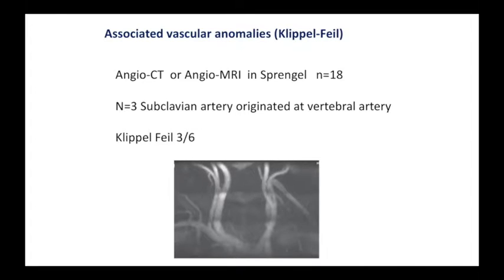So in 6 Klippel-Feil children with Sprengel deformity, 3 had this vascular anomaly. So it means that when you have this combination of malformations, you have to do a vascular study. And again, the subclavian artery originating from the vertebral artery.